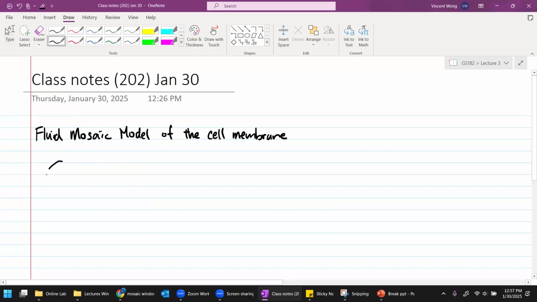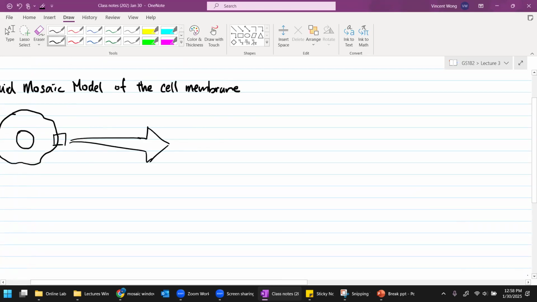So here we go. We have our cell and the nucleus, and we're going to take a slice of the cell membrane and take it out. Now, by now, you should know the cell membrane is made up of phospholipids. So I'm going to draw some phospholipids here.